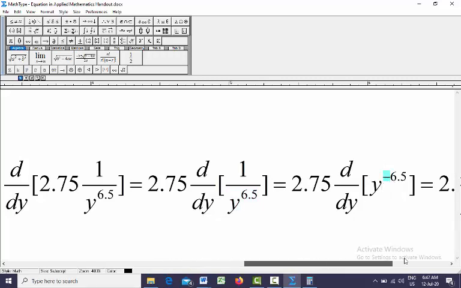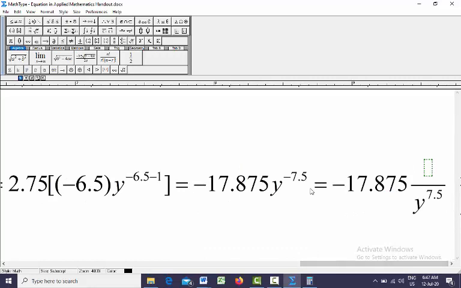Now we want to remove the minus sign from the power. When we want to remove the minus sign from the power, that means we will move it back to the denominator.